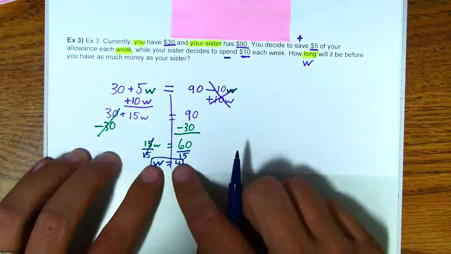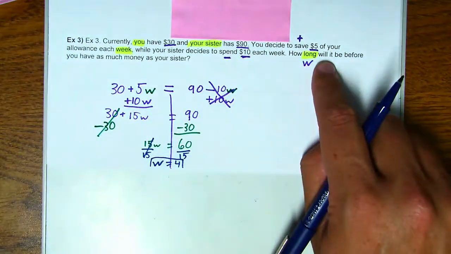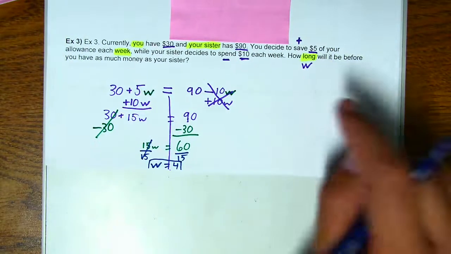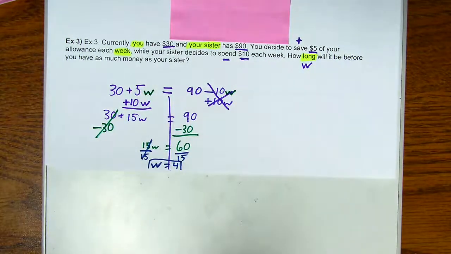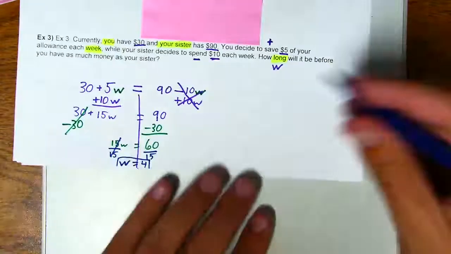So what does that mean for the question? The question was, how long will it be before you have as much money as your sister? W, remember, stands for weeks. So we put this in a sentence.